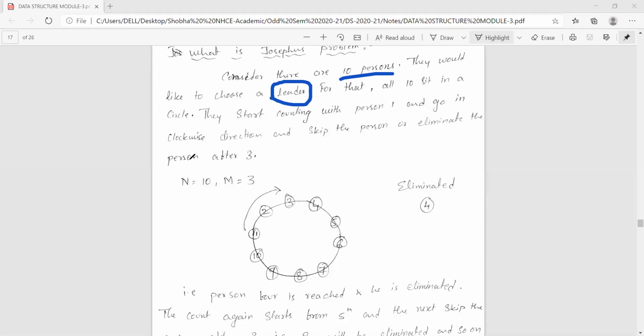Two things we will give: one is the number of players, or processes, or persons in this Joseph's problem, and the other is which element is to be eliminated. Whoever is left in this circle till last will be the winner, or will be chosen as leader, or will be executed first.